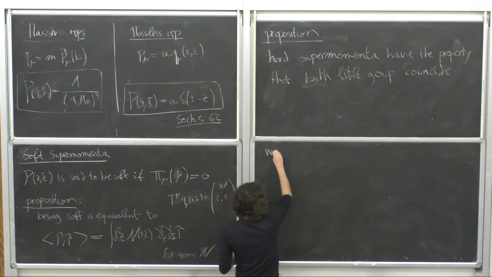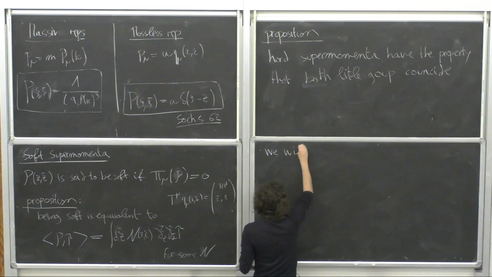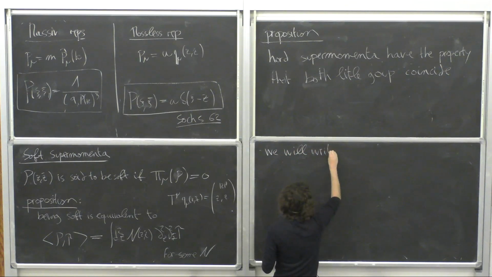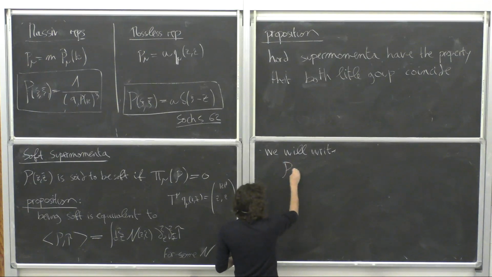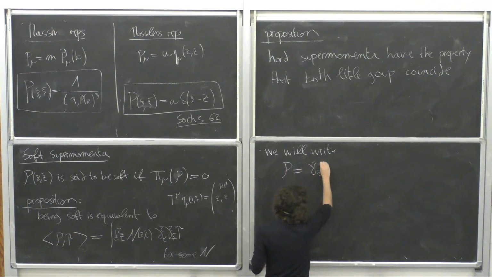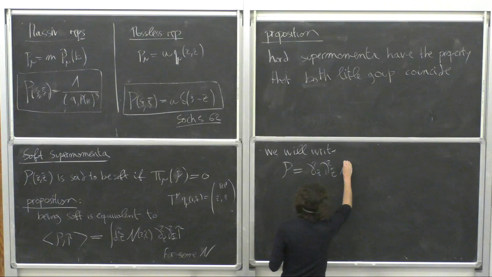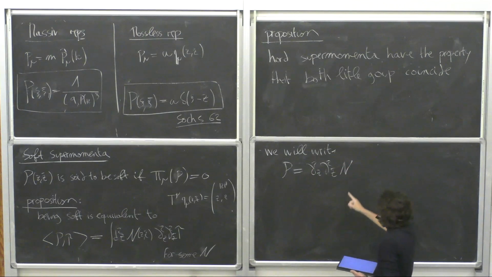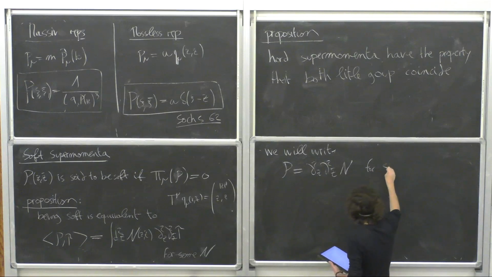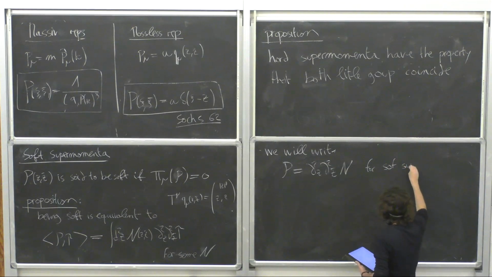We will write curly p equal D bar squared n. But you have to be very careful, right? For soft momenta, for soft supermomenta.